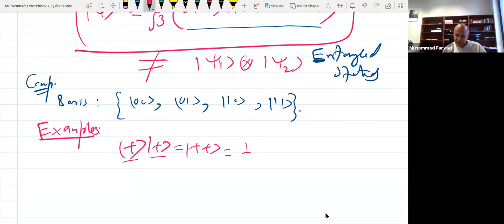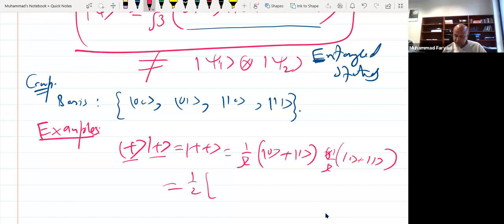This is nothing but 1 over root 2 (0 plus 1) tensor 1 over root 2 (0 plus 1), and 1 over root 2 times 1 over root 2 is 1 over 2. So 0 into 0 is 00, 0 into 1 is 01, 1 into 0 is 10, and 1 into 1 is 11.